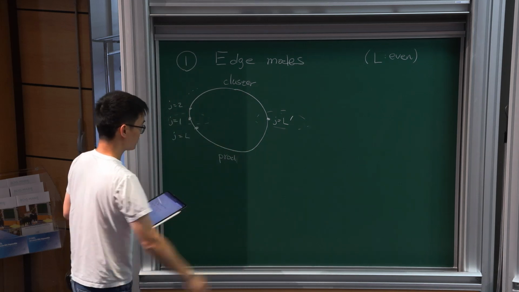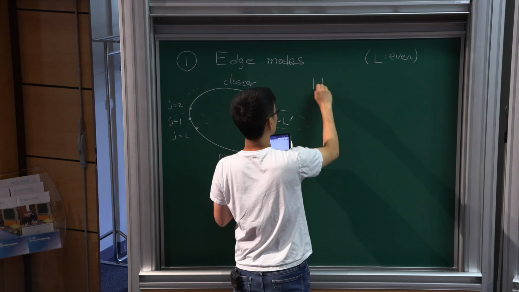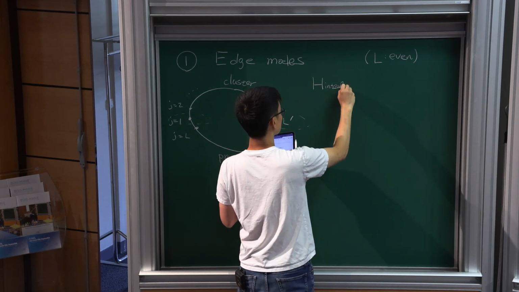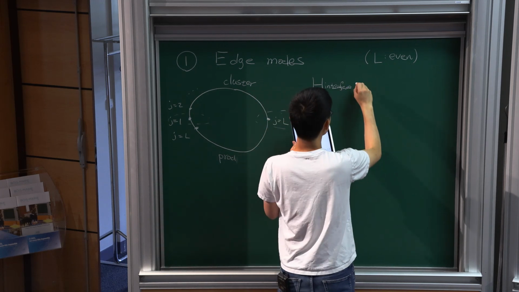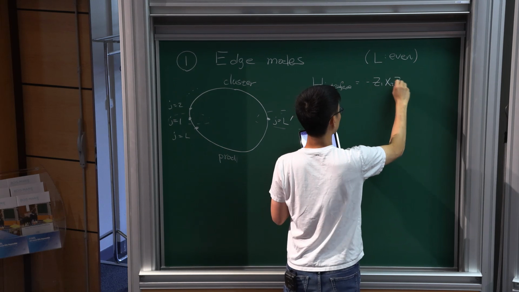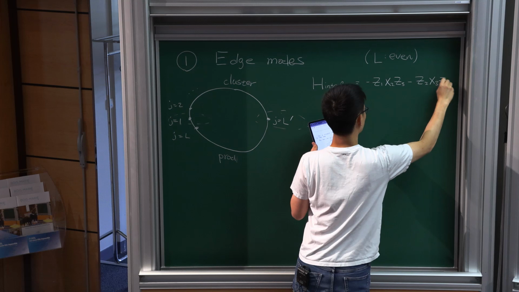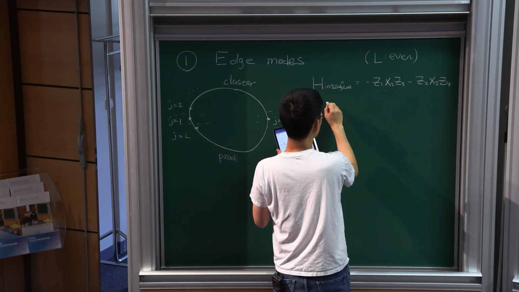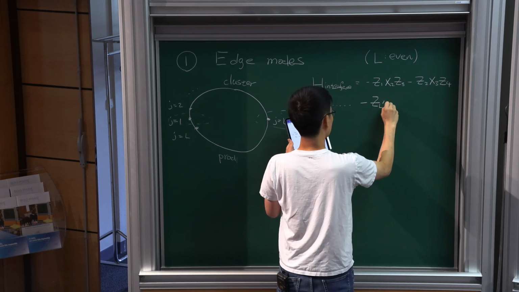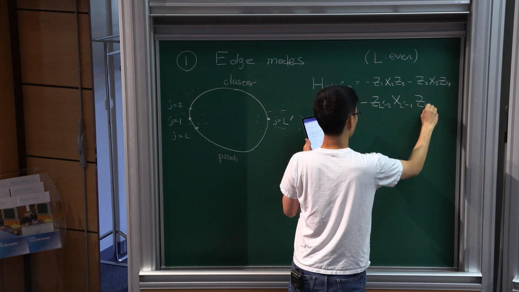Okay, so this is just a cartoon. What's the actual Hamiltonian I'm going to work with? The actual Hamiltonian I'm going to work with, I will call it H interface. Minus Z1 X2 Z3, minus Z2 X3 Z4, and minus dot dot dot all the way to minus Z L prime minus 2, X L prime minus 1, Z L prime.